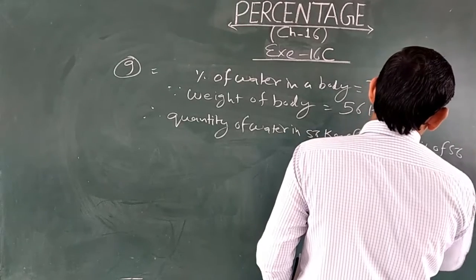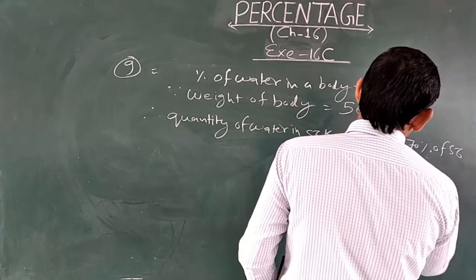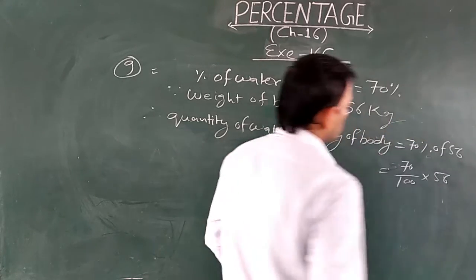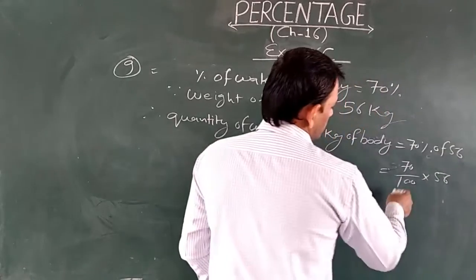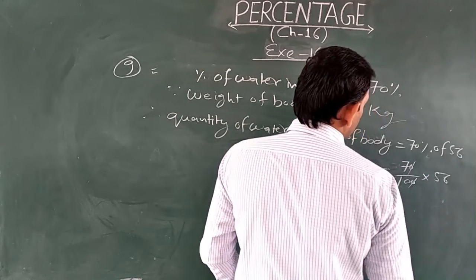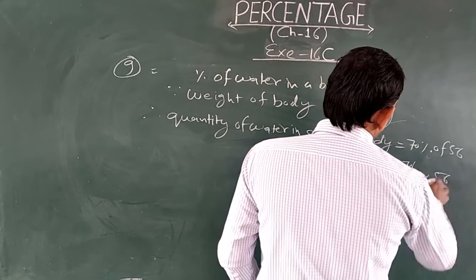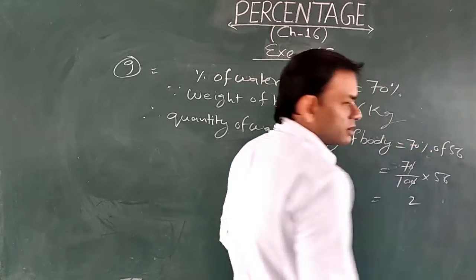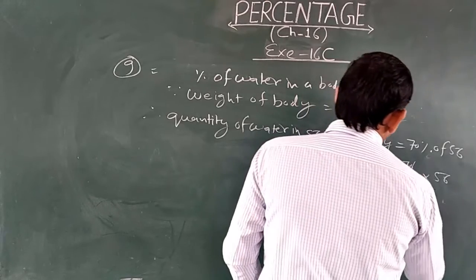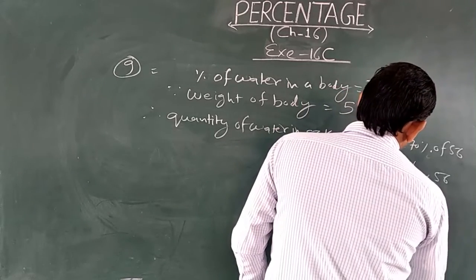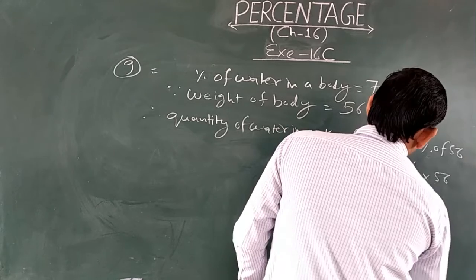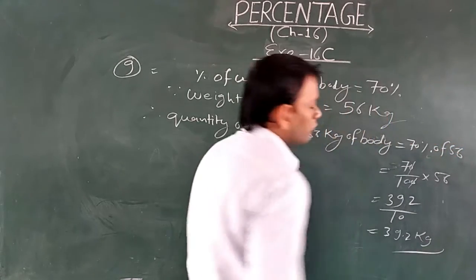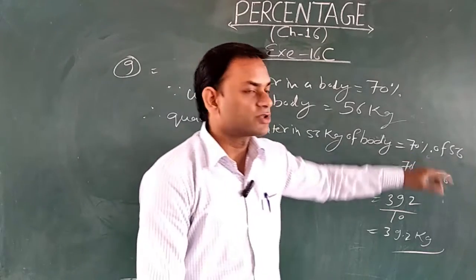So it will be 70 upon 100 of, multiplication, and 56. Okay. So you will solve it. 10 will be cut, and now you multiply 7 sixes are 42, and 4 will be carried, and 7 fives are 35, 35 and 4 is 39, and divided by 10, so it will be 39.2 kg. Water will be there in 56 kg of body.